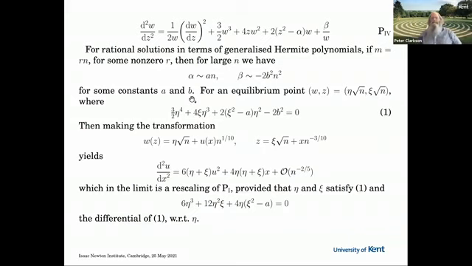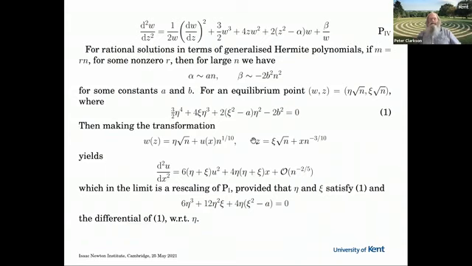And again, if I do what I did for Painleve 2 and look for an equilibrium point, I now know that w is going to grow like root n, and z like root n as well. And so eta and xi now satisfy this equation here.